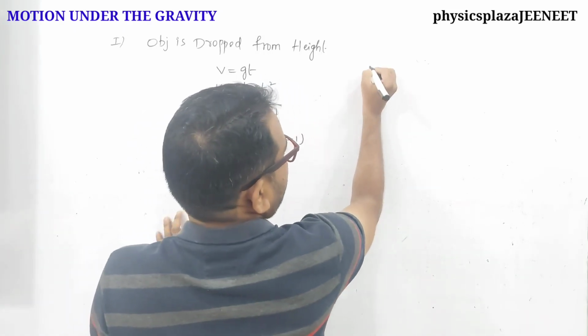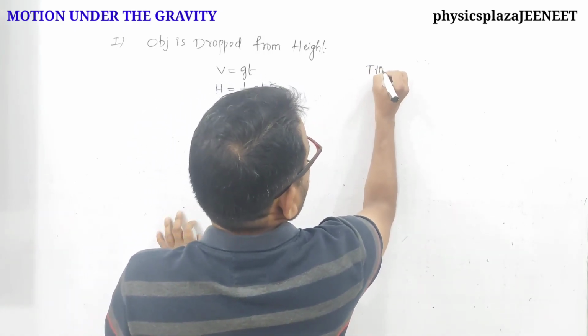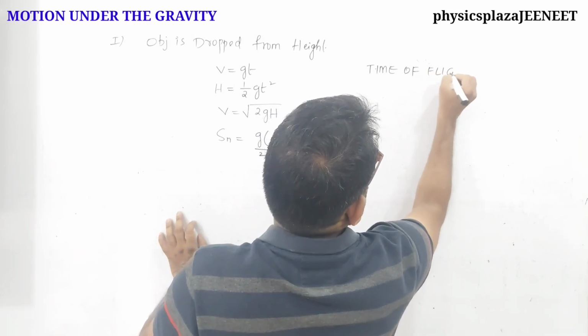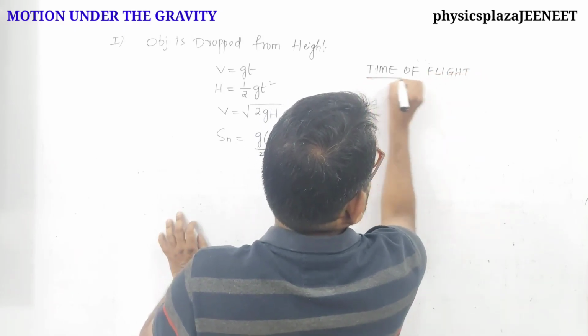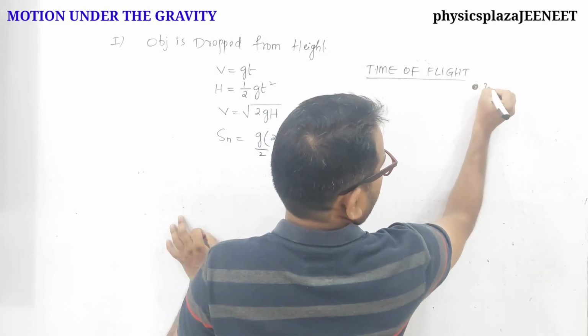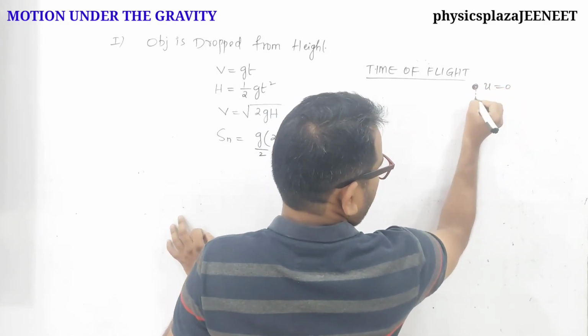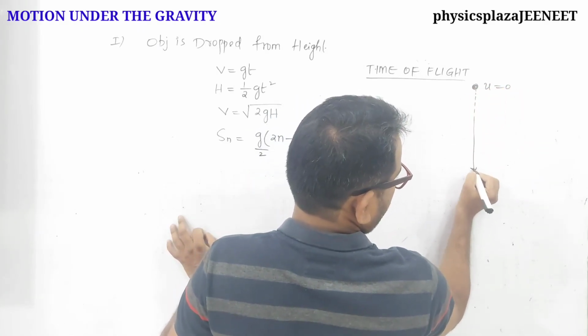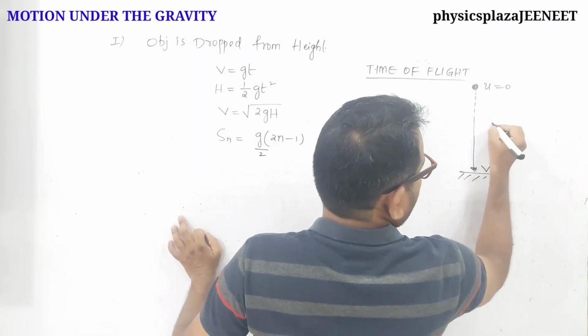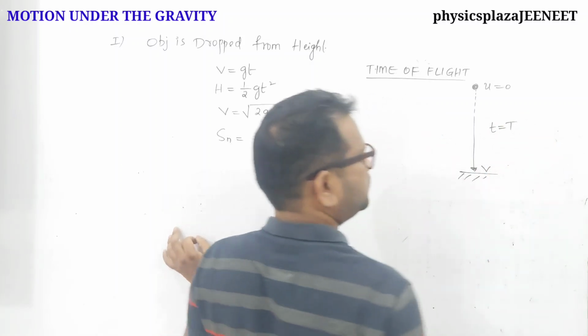So, let us see time of flight. Here the body is left freely and it is falling, coming down. Here the final velocity is v, when it hits the ground. For this, the total time taken is, let us say, the time of flight, right?